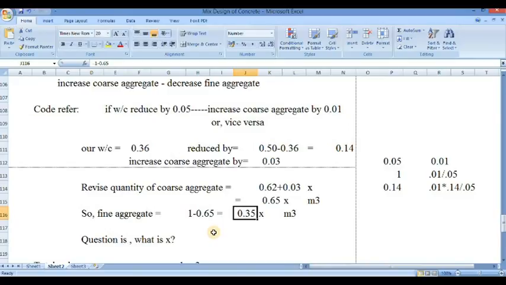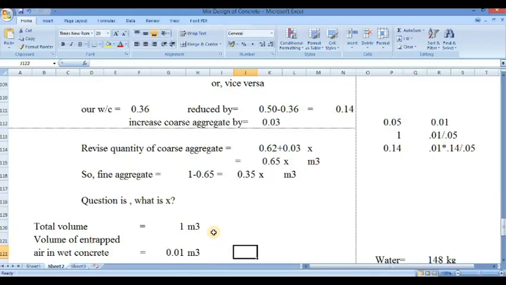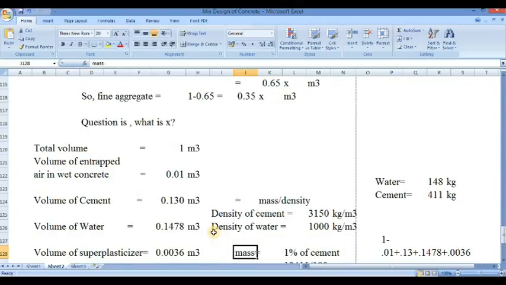We have already calculated how much cement, water, admixture and air there is within the wet concrete. If we subtract each of them from the total volume, we will get the remaining volume that is reserved for your aggregate only. So the very first step is that the total volume is 1 meter cube.